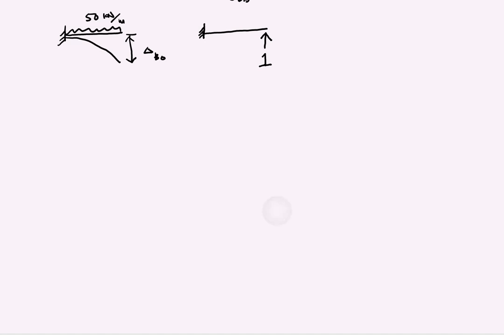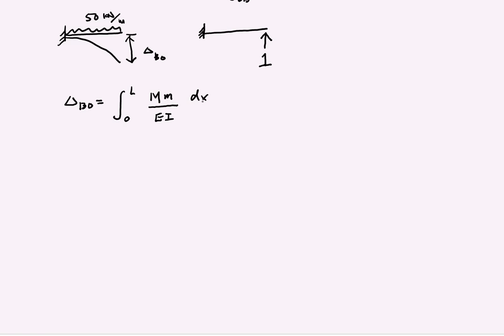So this is our system, and this is our virtual system. And then if you can recall, delta B naught would be what? The integration from 0 to L, capital M, which is the internal moment due to the actual load, small m, the moment due to virtual load, divided by EI dx.